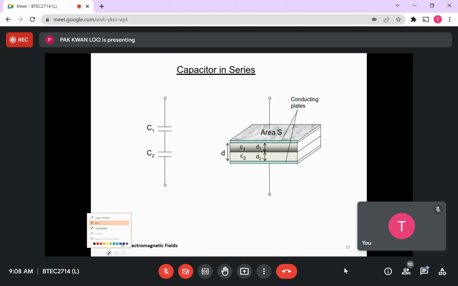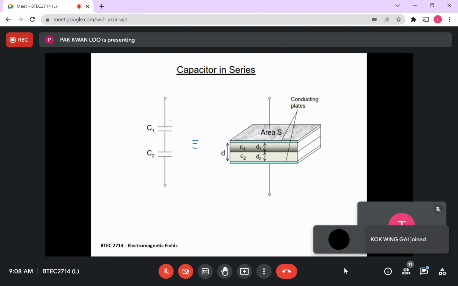So two parallel plates sandwich two different dielectrics with permittivity epsilon 1 and epsilon 2. Basically the equivalent circuit is two different capacitors connected in series.